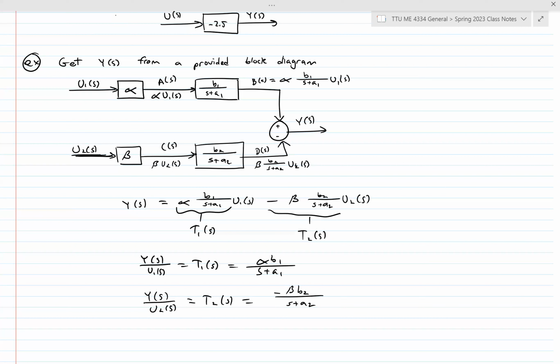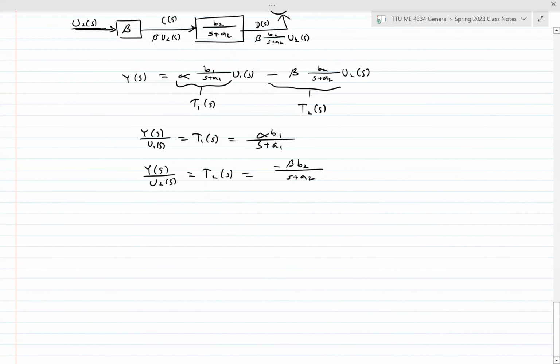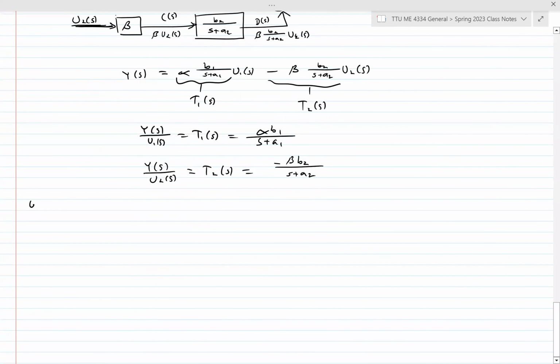All right, let's just do a few quick summaries for different rules that we have for block diagrams. We can combine or manipulate the form of a block diagram. I'm going to focus on one input and one output cases for these.